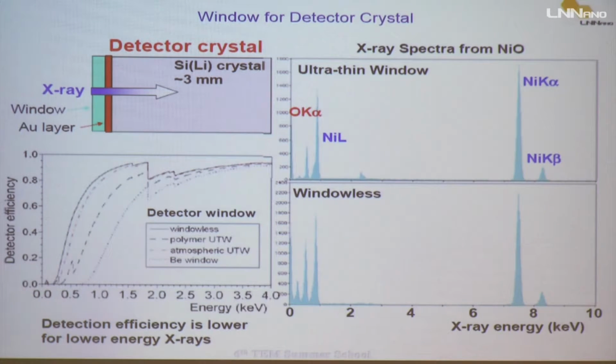This is why we have this problem with the light elements for the use of EDX spectrometry for detecting these light elements, because of the small energy of these photons, they may be absorbed.